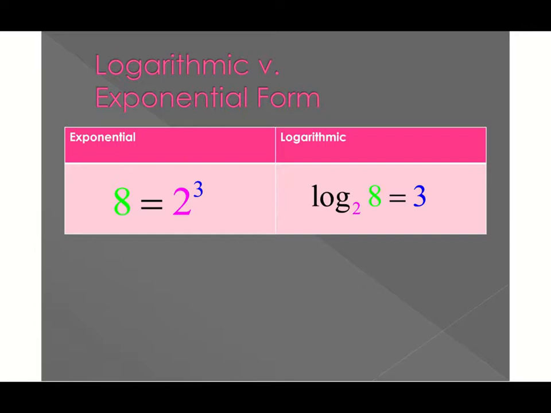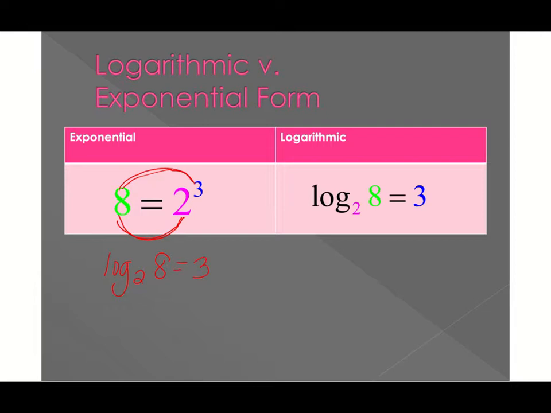If we had 8 equals 2 to the third, or 2 to the third equals 8, we would just go log base 2 of 8 equals 3. Down and around, loop and swoop. So it would be log base 2 of 8 equals 3.